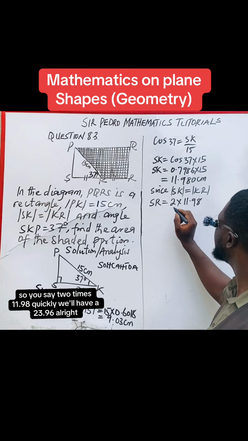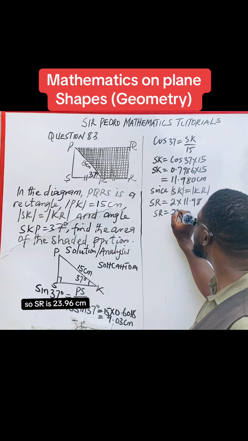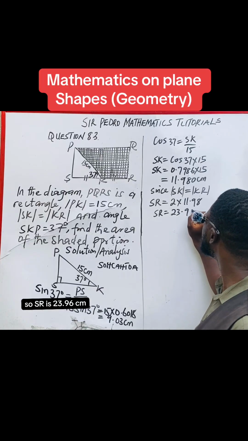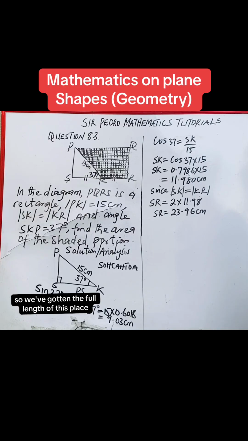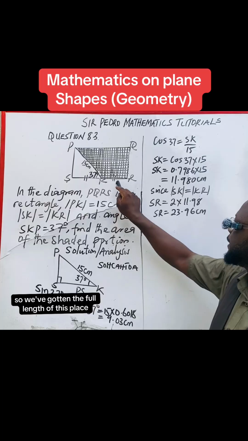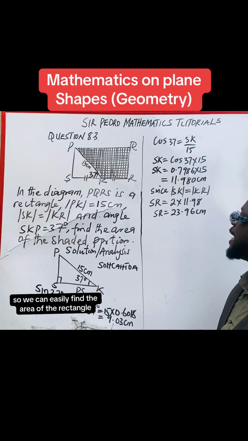Quickly, we have 23.96. So SR is 23.96 cm. We've gotten the full length of this side, and we already know the length of this side, so we can easily find the area of the rectangle.